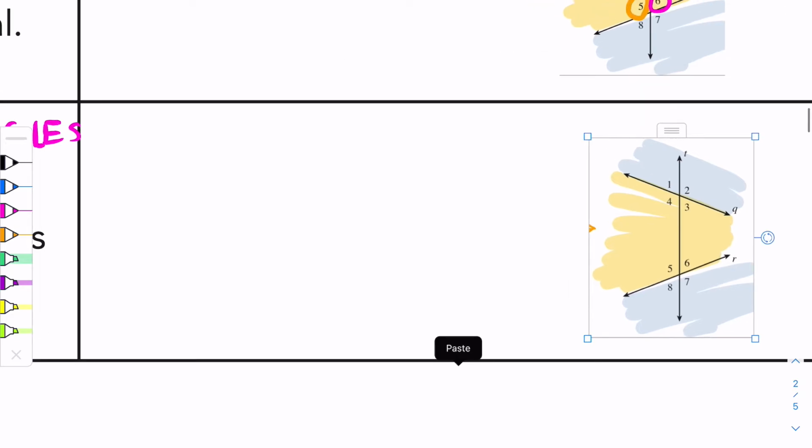Looking at our diagram, blue angles are going to be exterior angles. So angle 1 and angle 8 are on the same side of the transversal. And the only other pair is 2 and 7.